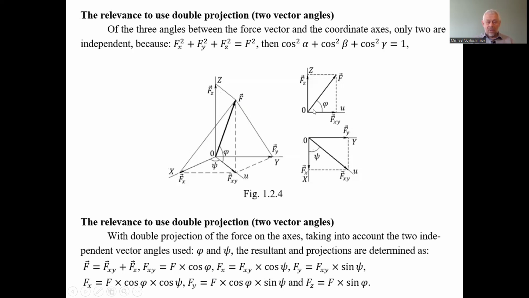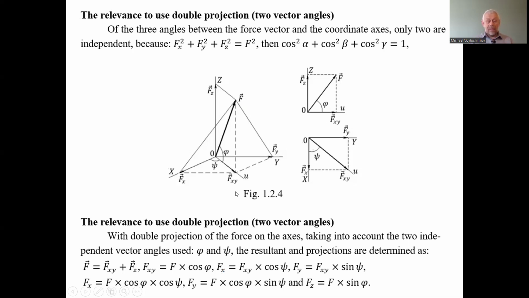So using this found horizontal projection Fxy, the product of the magnitude of force by cosine phi, we can next find the projection on the axis 0x as the product of the found projection Fxy by the cosine of angle psi. As here, when we substitute all that, we find Fx as the product of the force magnitude F by cosine phi and cosine psi.